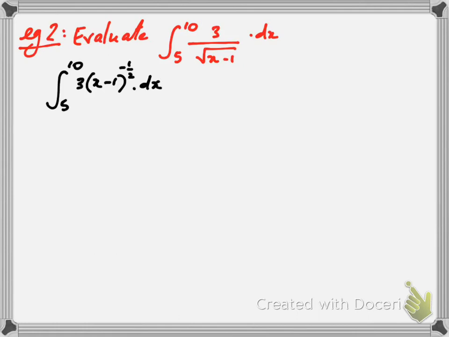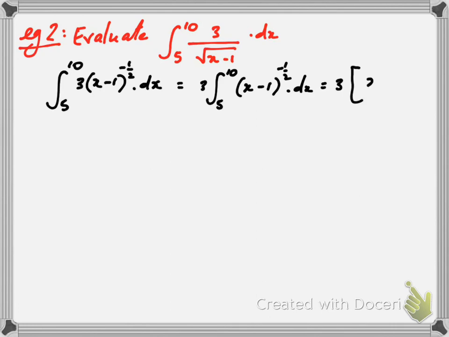You can take out the 3 and put it outside. So that gives you from 5 to 10, 3 goes out, and (x minus 1) to the power negative half dx. And if you integrate, you can leave the 3 outside.